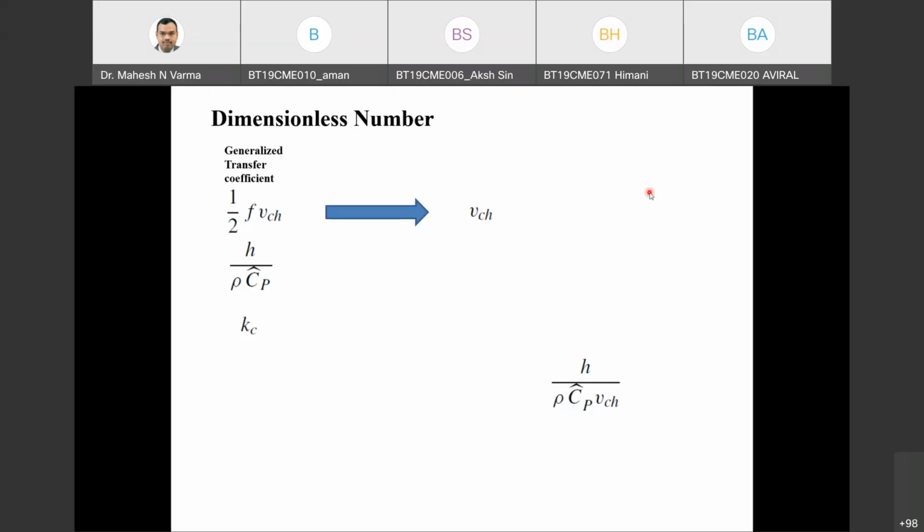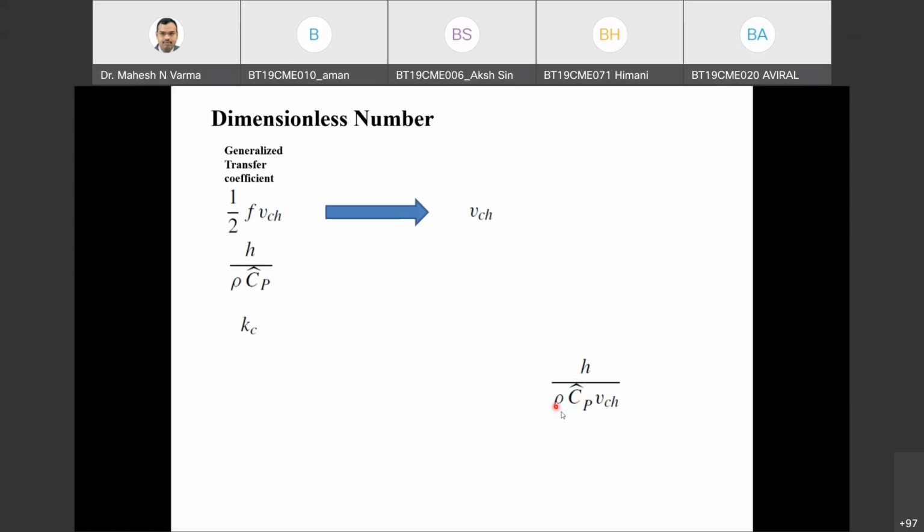Whether this is the dimensionless number, first of all. Sir, the entire thing has unit of meter per second.